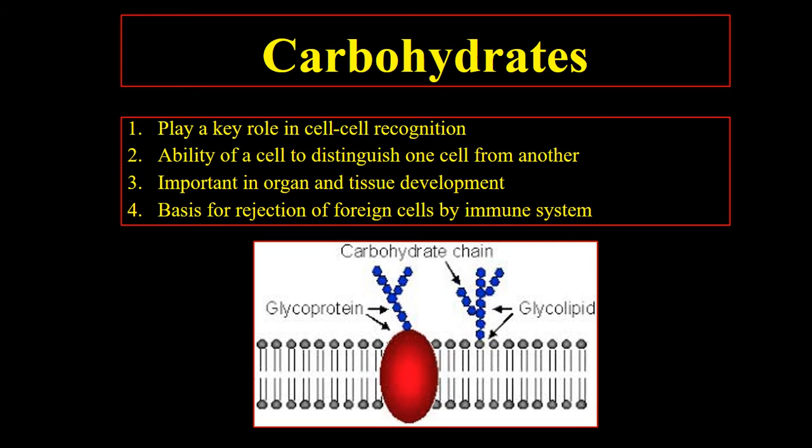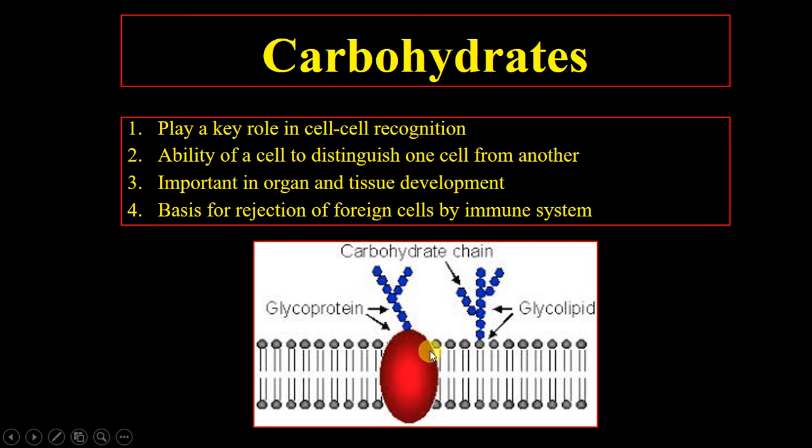The carbohydrate components take the form of short polysaccharide chains, which project from the outer side of the membrane. Some of the polysaccharides are attached to phospholipids, but the vast majority are attached to proteins to form glycoproteins.